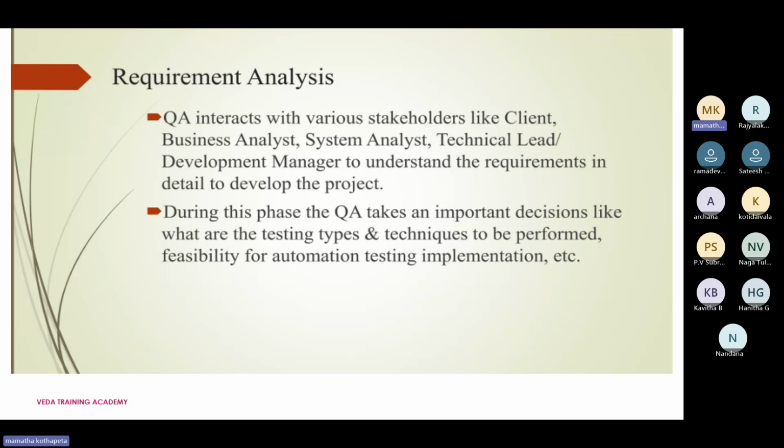The system analyst is a person who played an important role in the analysis phase. The technical lead is a person who prepared the technical design document in the third phase, correct? And a development manager, or development engineers or developers, who actually played an important role in developing the project in the fourth phase.